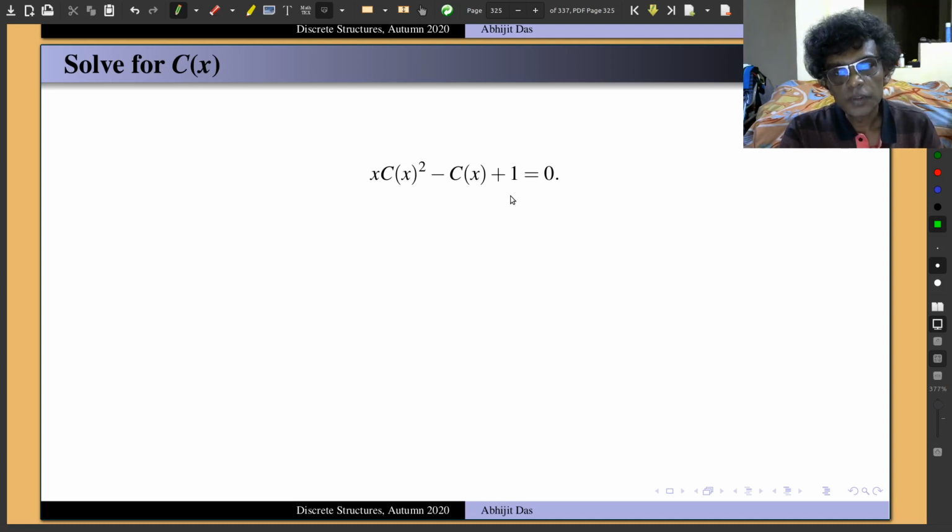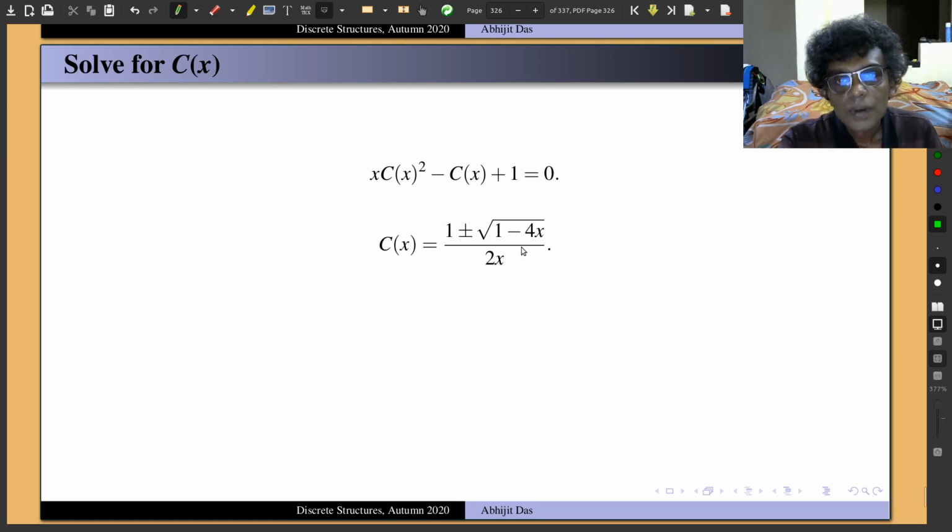I can use the same old quadratic equation solver, minus b plus minus root over b square minus 4ac by 2a, in order to obtain the value of C of x as 1 plus minus root over 1 minus 4x, over 2x.